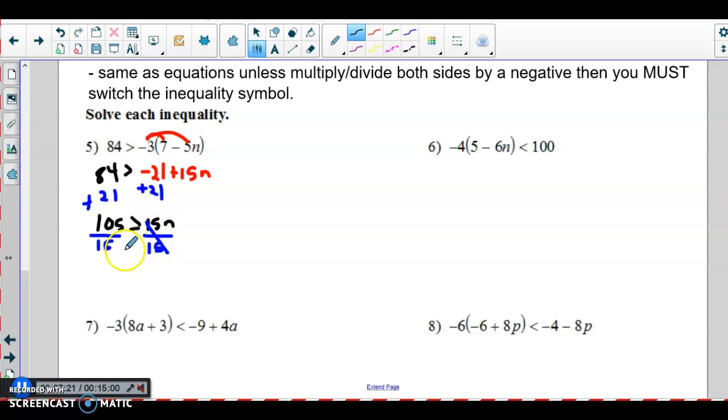So 105 divided by 15 is just 7. That inequality stays the exact same way it looked. And this one's done. So n is less than 7. You could write it either way. That's the same thing as saying 7 is greater than n.